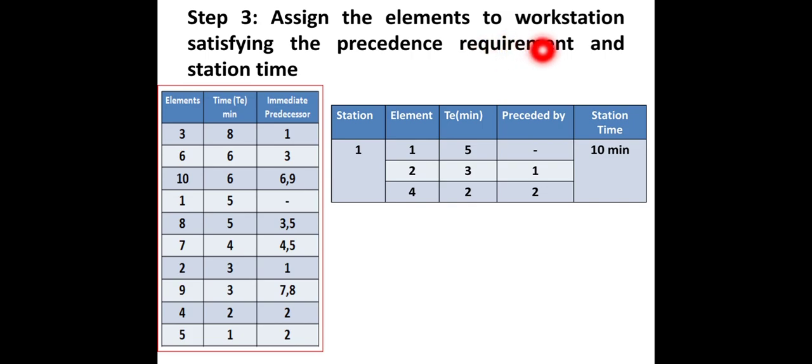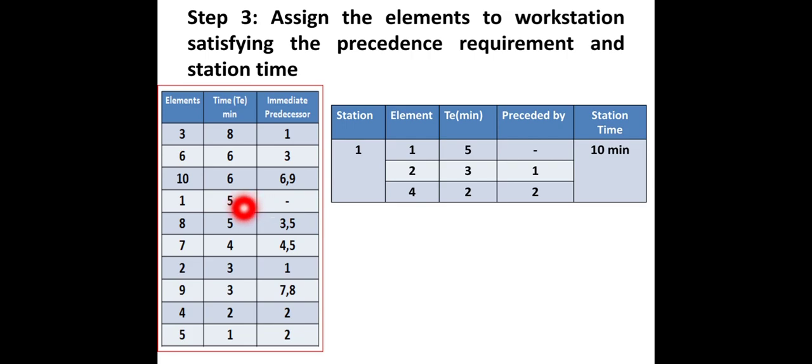As I already told, for the precedence requirement, we need to select the element which doesn't have any precedence constraint. So first you need to come to the immediate predecessor or preceded by column, and check the element which doesn't have any precedence constraint. We found that element number 1 doesn't have any precedence constraint. Once that is satisfied, you need to check the time here.